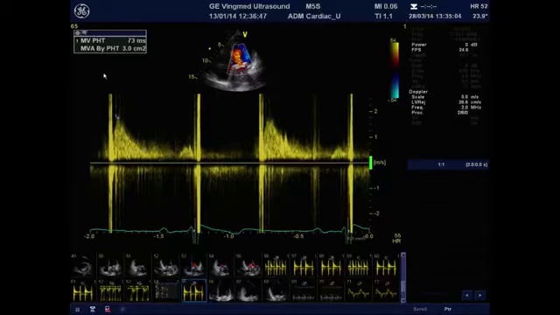So here the pressure half time was 73 milliseconds. A normal pressure half time is less than 130 for a mitral prosthesis.